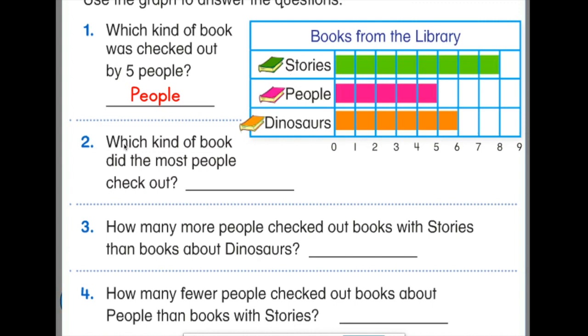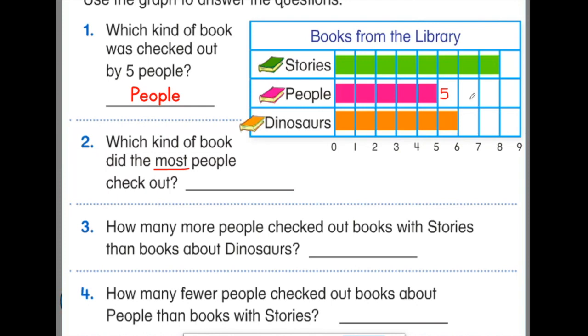Number 2, which kind of book did the most people check out? All right, so that's your keyword in this question. We're looking for the one that got the most votes, so the tallest, the longest category. So looking here, we said just before that the people books were checked out by 5 people.